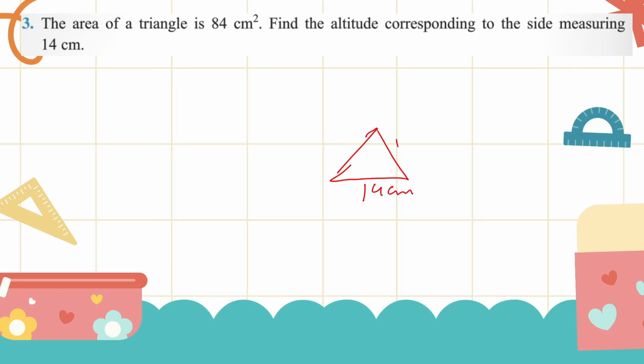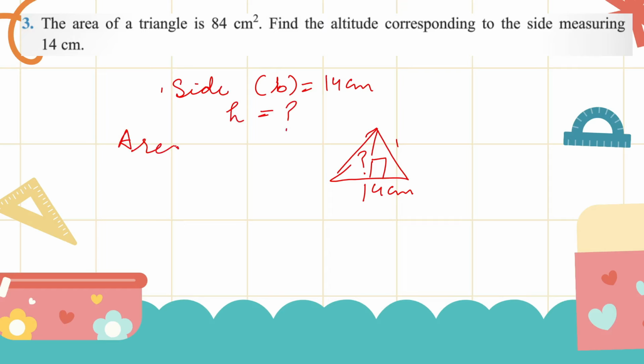According to this side, we need to find this altitude. This one we need to find, and area is given. Now firstly we will write side means base, that is given, 14 centimeter. Side or base is given, and we need to find height or altitude, that is not given.